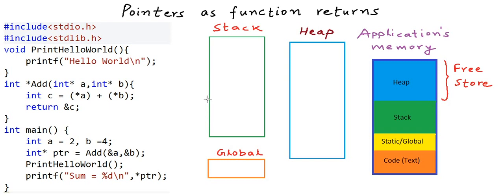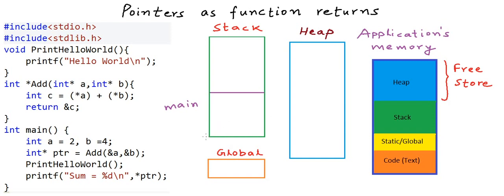For each function call, some part of the memory from the stack is allocated for its execution. We call this the stack frame of that method or that function. When the program starts executing, first the main method is invoked. So in the stack frame, some memory will be allocated for main function, and all the local variables of main function will live inside this stack frame.